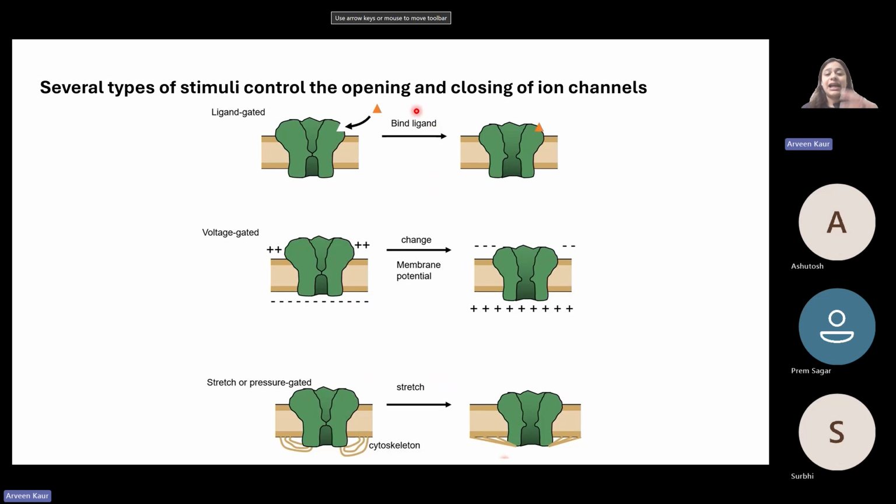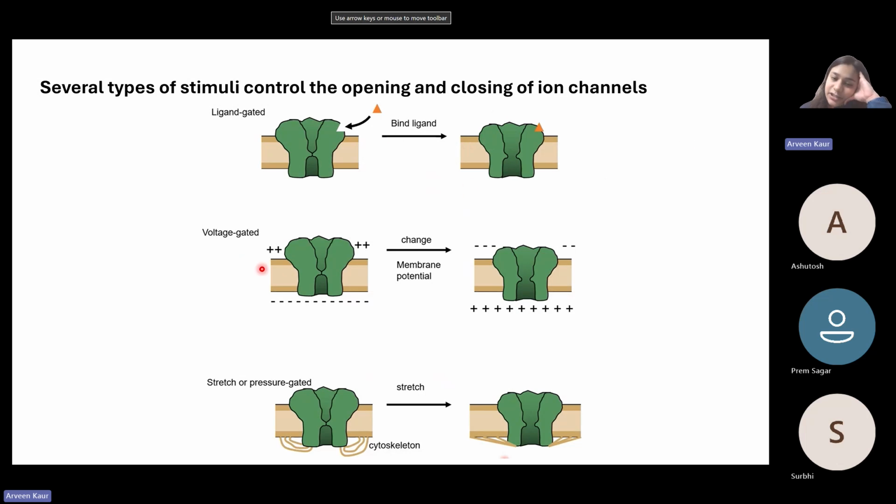These could be ligands. These channels are known as ligand-gated channels. If a ligand binds to a particular receptor site in this channel, it brings it to an open conformation.